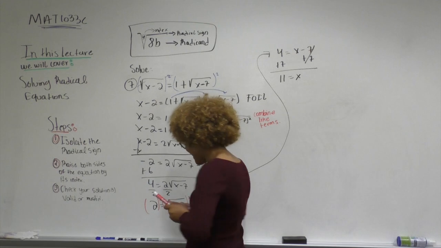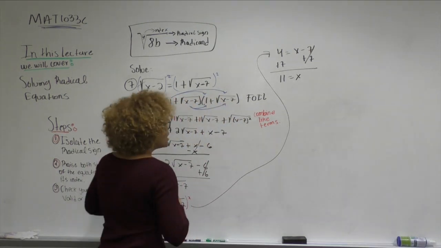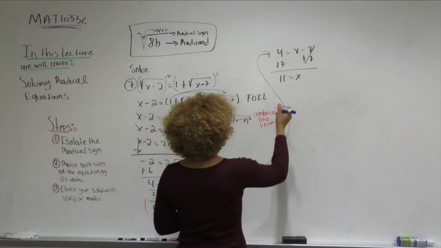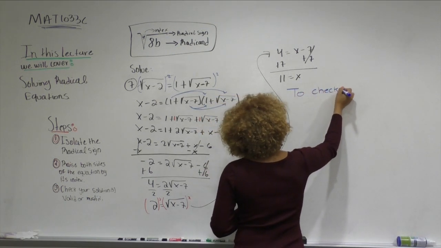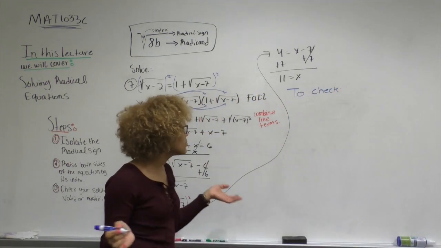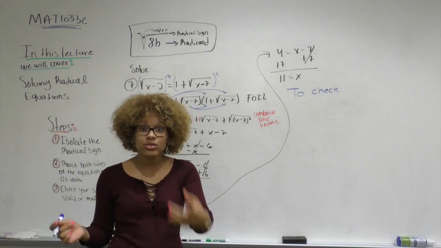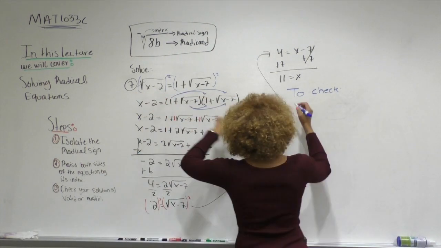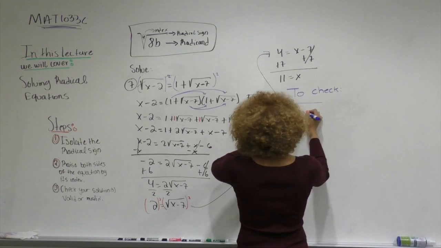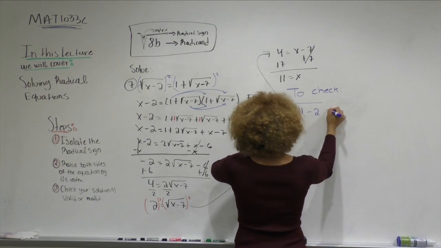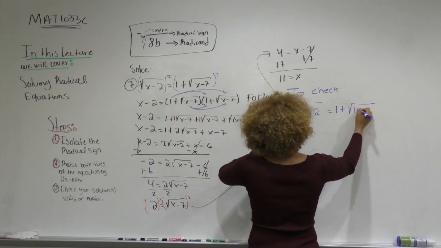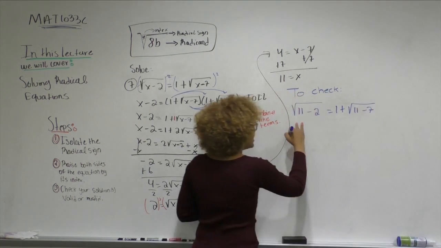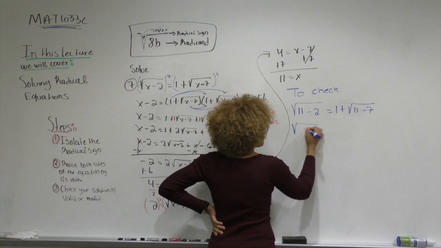Now we need to check our answer. So to check. Okay, so now I need to check my answer. Thank God we only have one answer to check. So I have square root of 11 minus 2 equals 1 plus square root of 11 minus 7. 11 minus 2 is 9.